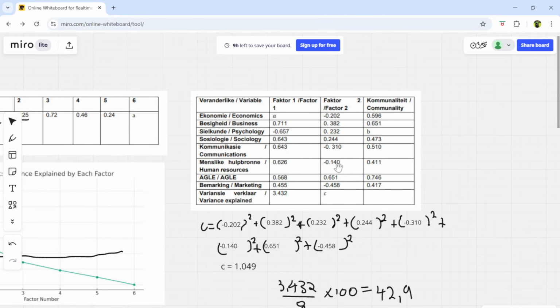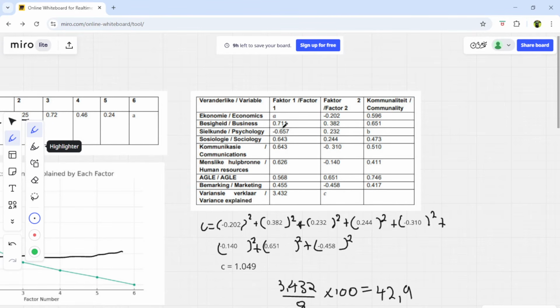Okay, so calculating the communality, what you're going to do is add the numbers. Let me start with this one. I'm going to get to this value of a in a short period of time. So let's say they ask you to calculate the communality associated with the variable business. So this is the variable business.